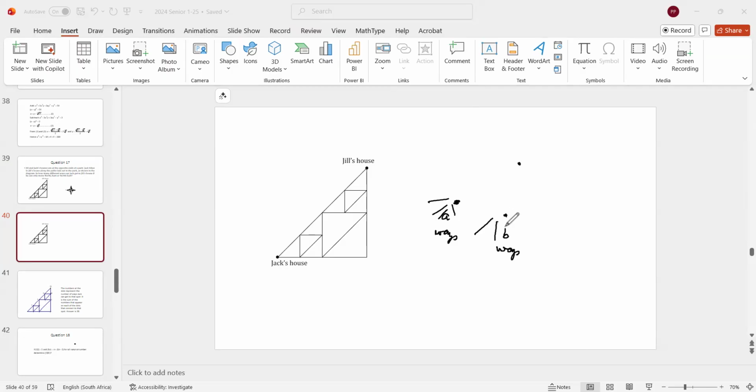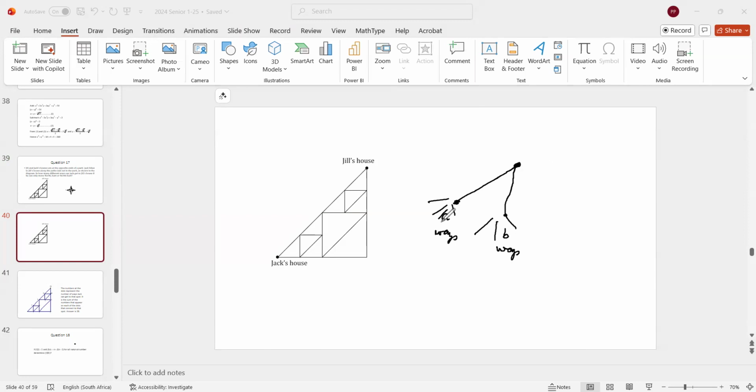There are various paths. I'm just taking these three dots to be somewhere here. And suppose these two are the only ones that link. So, in how many ways can you get to this point here?